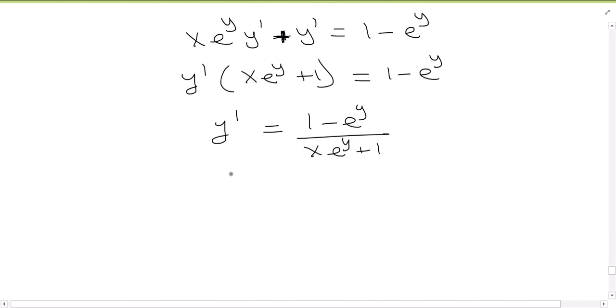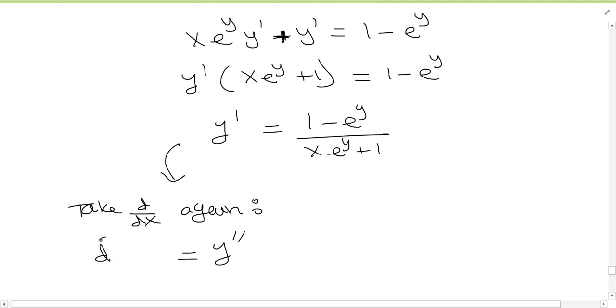And so now I find the second derivative. So take the derivative again. When I take the derivative again, I'm going to get on the left side y double prime, or with the other notation, this will be d²y/dx².